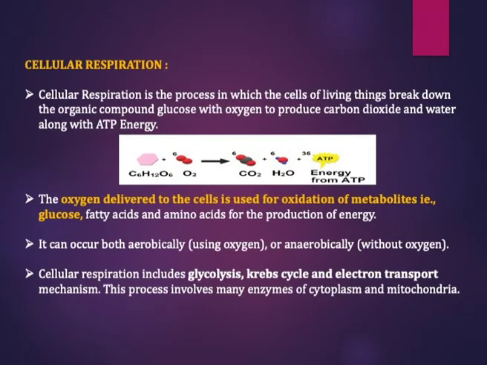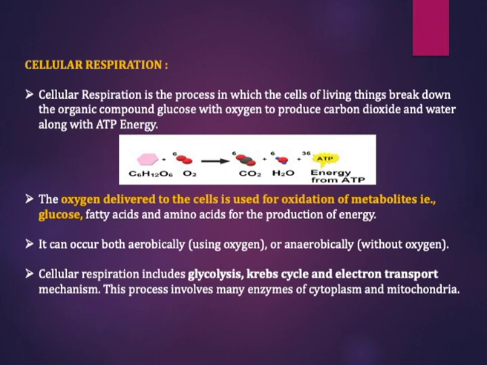And as a continuation to this external and internal respiration, cellular respiration occurs. Cellular respiration is nothing but where the oxygen is used at the cellular level for the breakdown of organic compounds like glucose in the presence of oxygen, and here carbon dioxide is released as a byproduct, and some amount of water is also released, and a good amount of energy, that is ATP, is released.